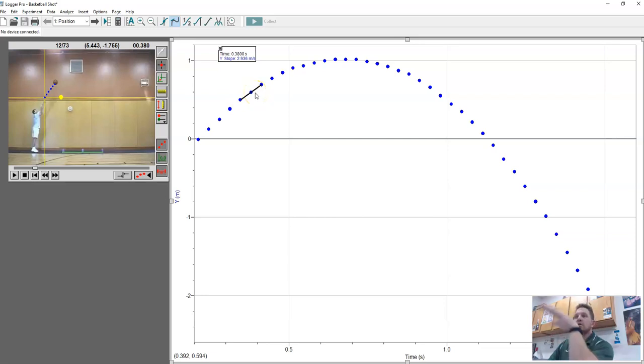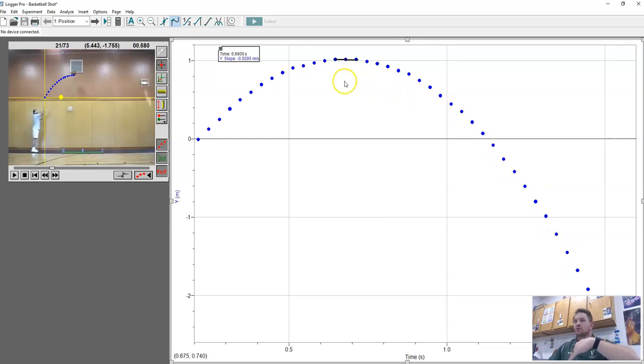It's slowing down each little chunk, and the slope is getting flatter and flatter until it's almost 0. So the velocity is slowing down, slowing down, 0. So it's at the very top. And then the velocity starts edging down, and now the ball is speeding up, but in the negative direction.